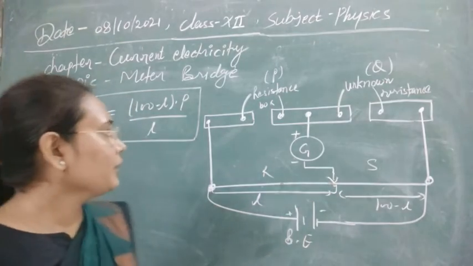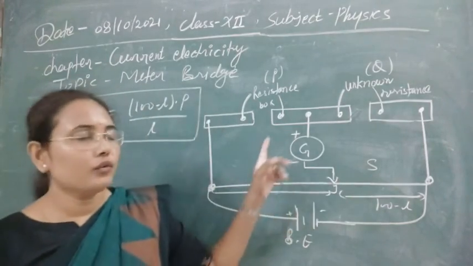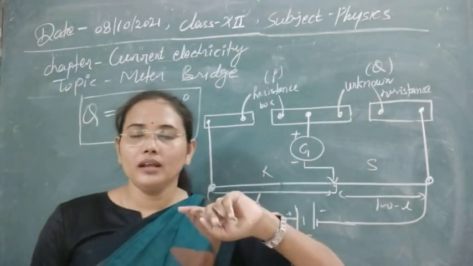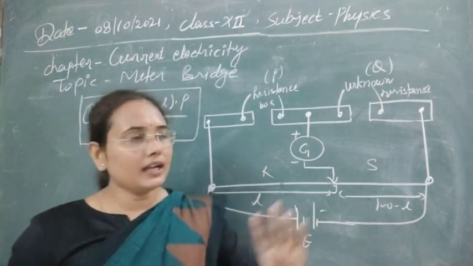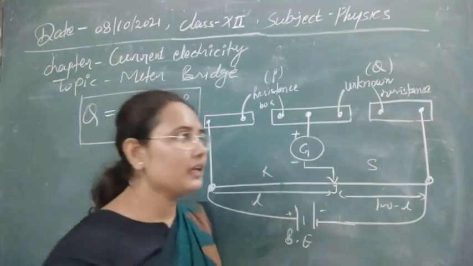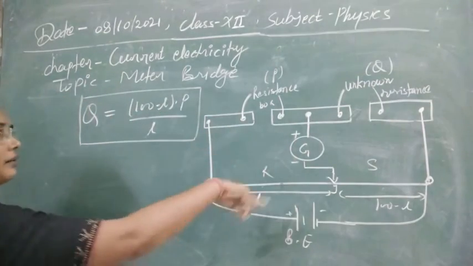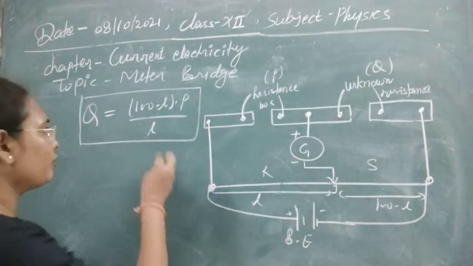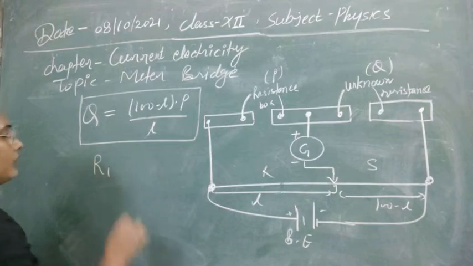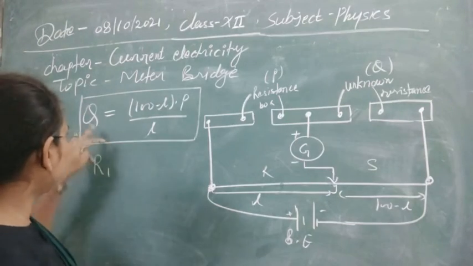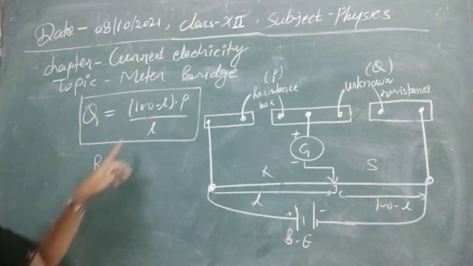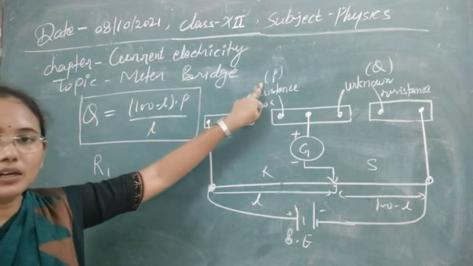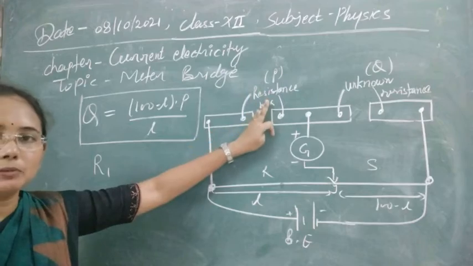Here we are following the same procedure, only we are using two coils. Suppose the first coil and second coil are given to us. We connect the first coil and, in the same method that we did before, find the value of R1. By the same formula, in place of Q you can write R1, and using the resistance box you apply some resistance.